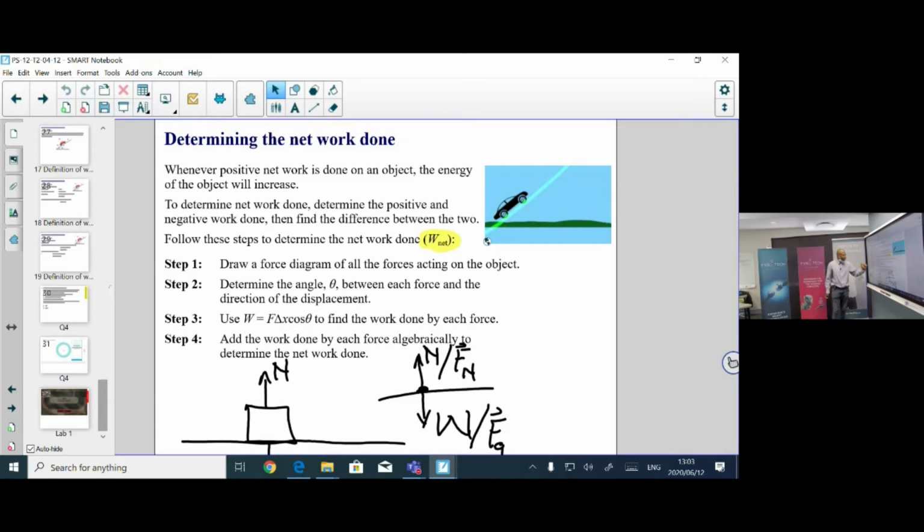Step 2, determine the angle theta between each force and the direction of the displacement. Step 3, use the formula of work, W equals F change in x cos theta, to find the work done by each force. Step 4, add the work done by each force algebraically to determine the net work.